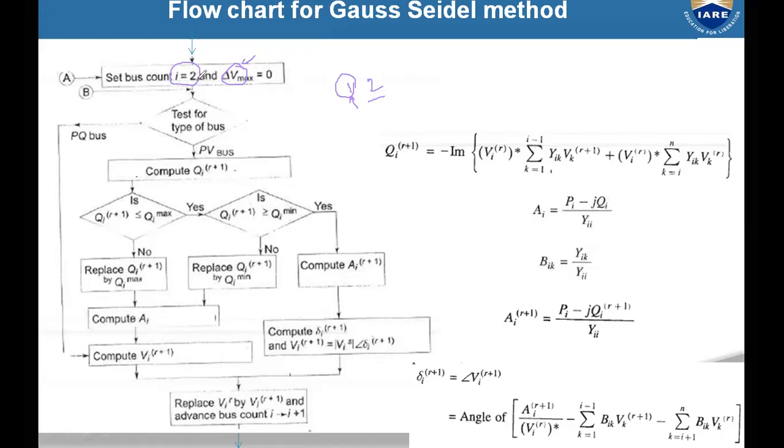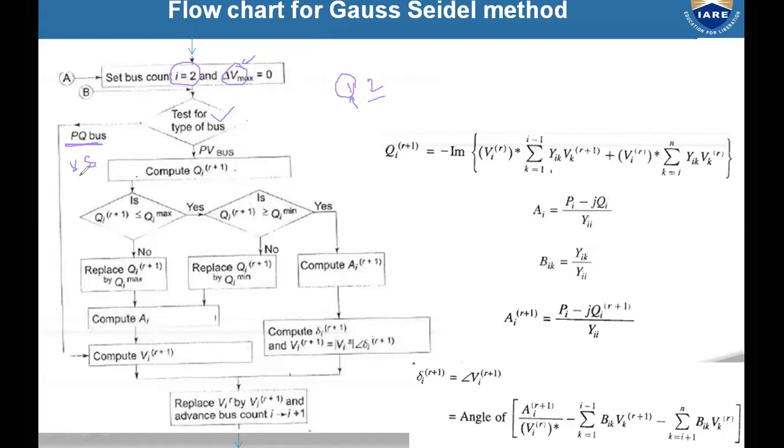Now if you consider the second bus, you test the type of the bus: whether the second bus is a PQ bus or a PV bus. Suppose it is a PQ bus. Then you have to calculate the voltage and angle using the voltage expression.